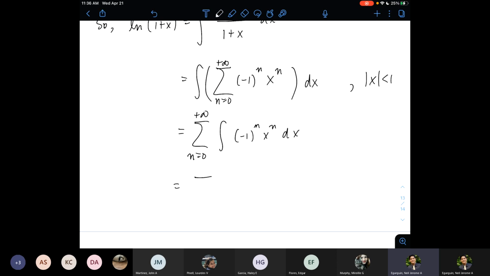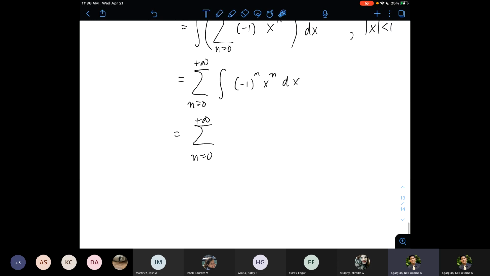And this is easier to do because now I can integrate this easily, right? Negative 1 to the power n is a constant with respect to x, so it will come out of the integral. Times what's the integral of x to the power n? It's just x to the power n plus 1 all over n plus 1.